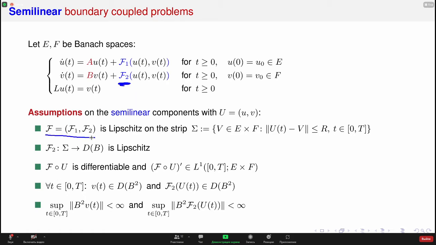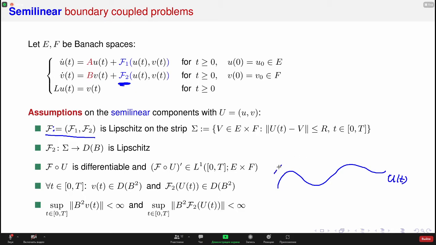First of all, this F, which is the F1, F2 function, should be Lipschitz continuous on the strip. This is a strip around the exact solution. So what does it mean? This means that we have some kind of exact solution. It looks like this. Now in one dimension, you can understand what it means.